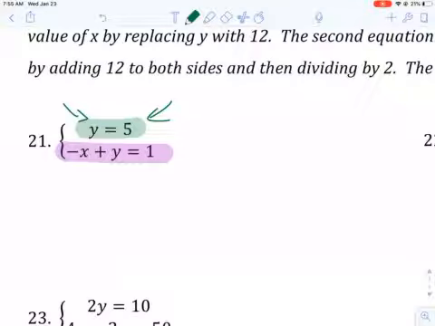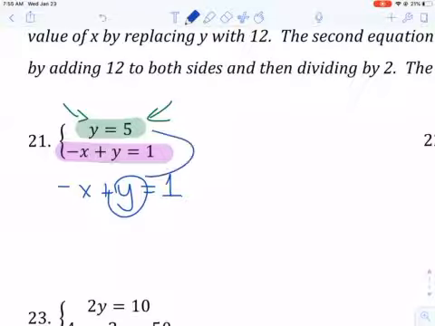So since we know y equals 5, I've got negative x plus y equals 1 here. Now I'm going to substitute the y here with 5 since we're told that y equals 5. So I'm going to do negative x plus 5 now equals 1, which will allow me to solve for x.